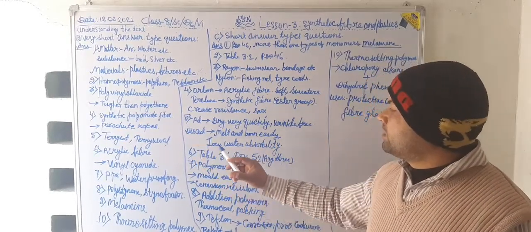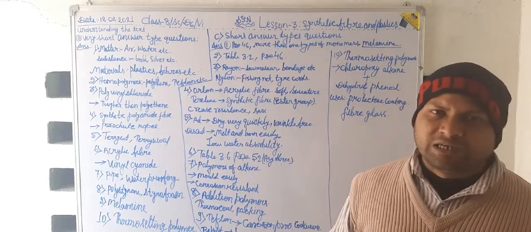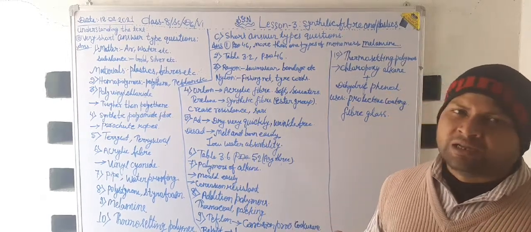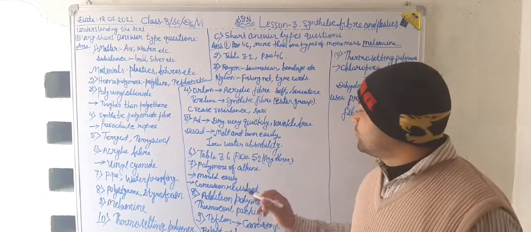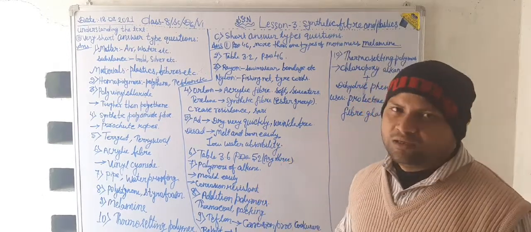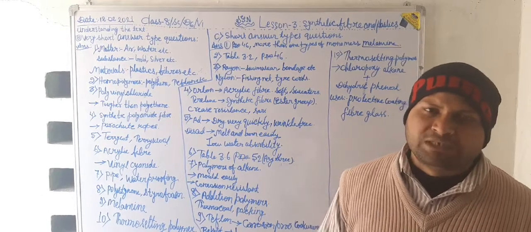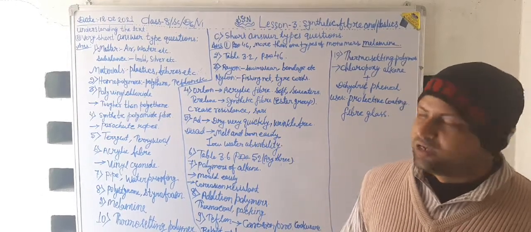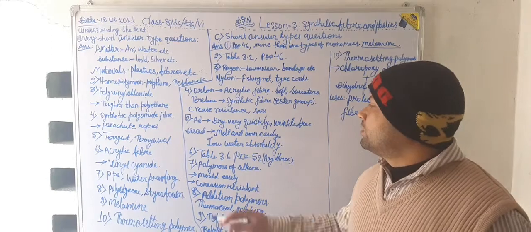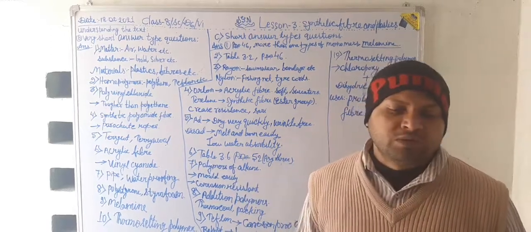Another disadvantage of synthetic fibers is that they have low water absorbability. It means they have low capacity to absorb water. Now move towards question number 6.